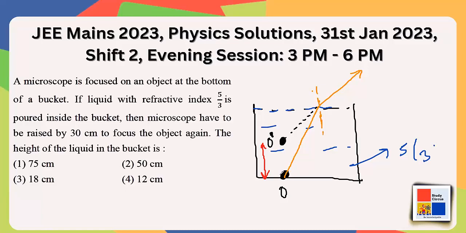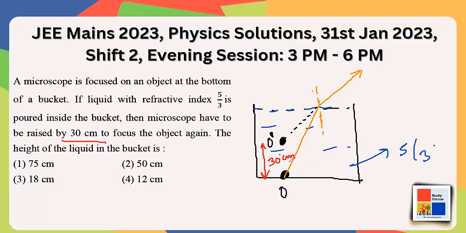Here the question says that the microscope has to be lifted by 30 centimeters. That means this is 30. The distance between O and O prime is 30 centimeters, the difference between the object and its apparent position.